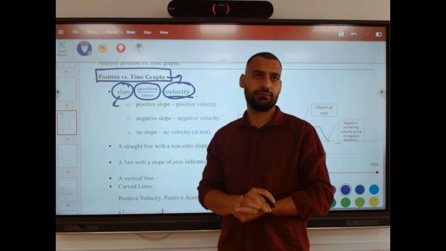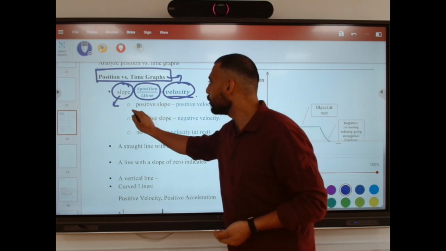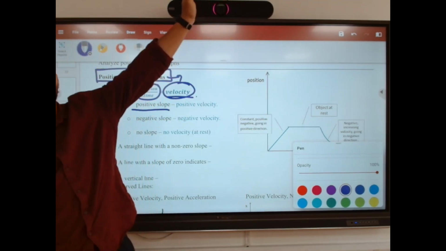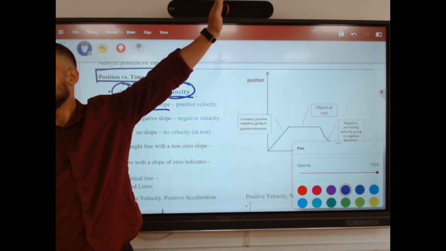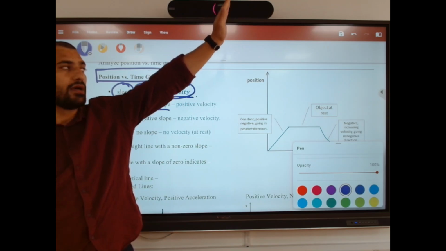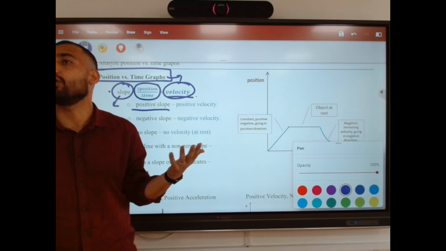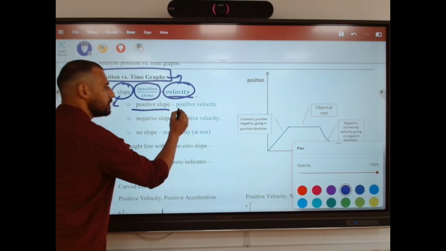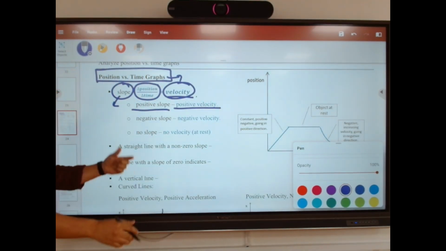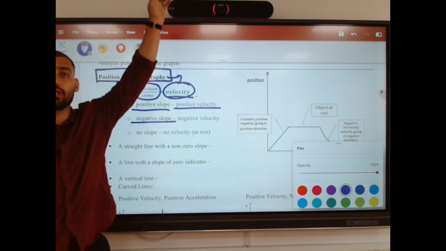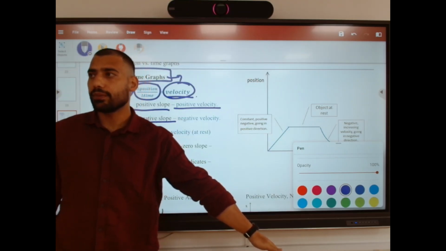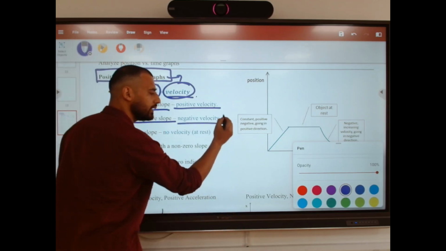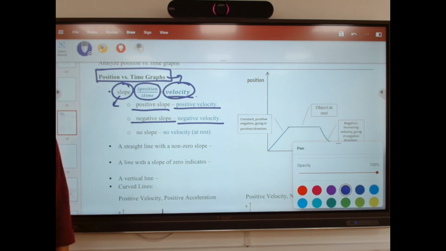Is that clear? Now, if the slope is positive, positive slope means the line will be inclined, isn't it? When the slope is positive, the velocity will also be positive. Is that clear? When the slope is negative, that means your line will dip, isn't it? In that case, your velocity will be negative. Is that clear?